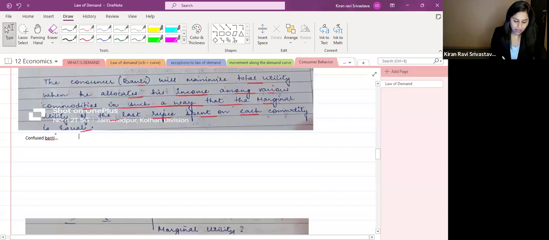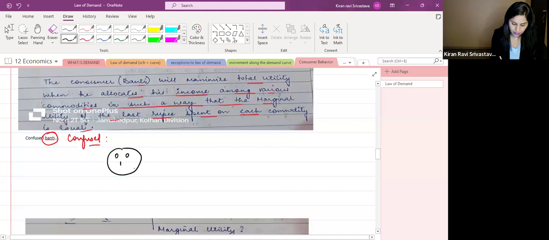Now our Bunty is confused, because too many new terms are coming: marginal utility, total utility, utility. So let's try to make things simple and easier for Bunty. He wants to buy goods and services, and he is just looking at total utility.